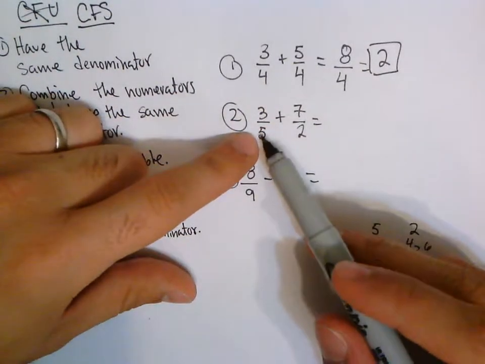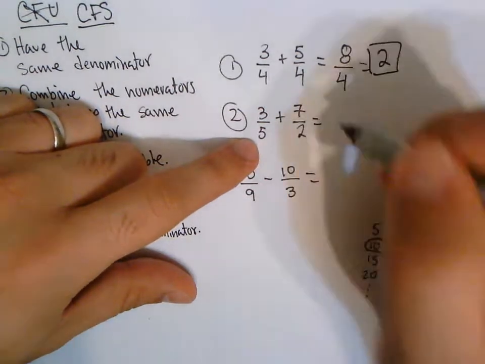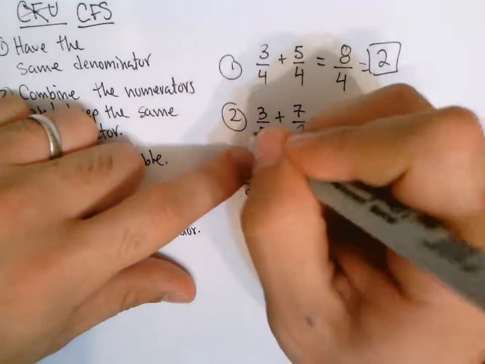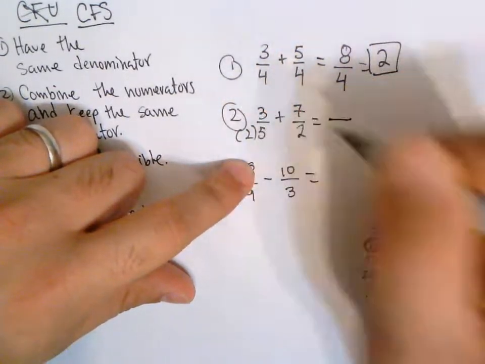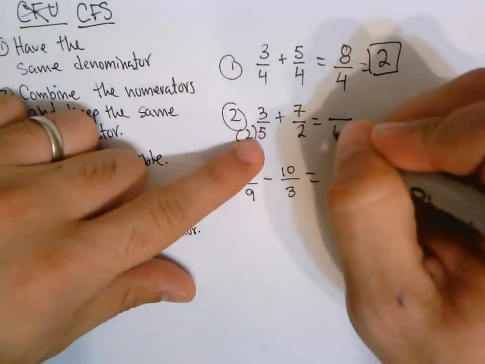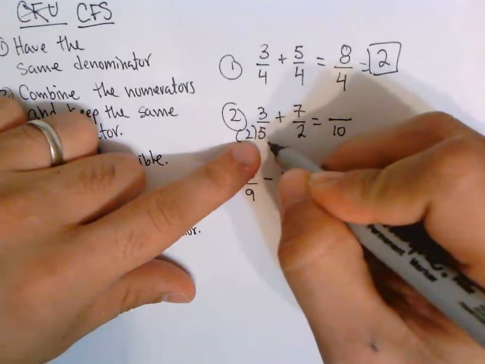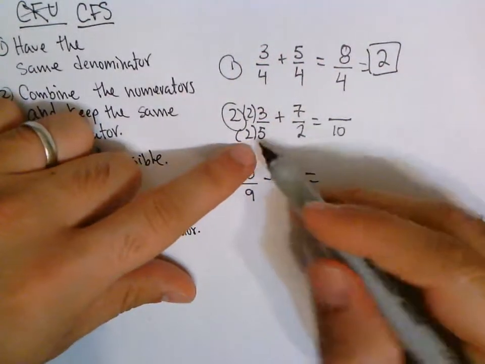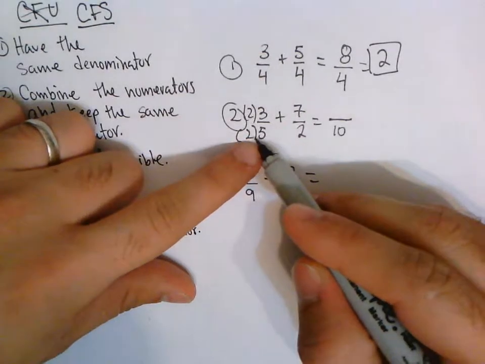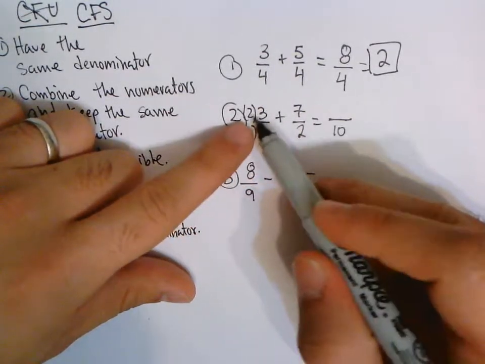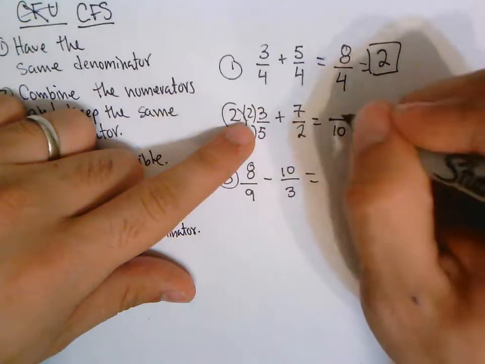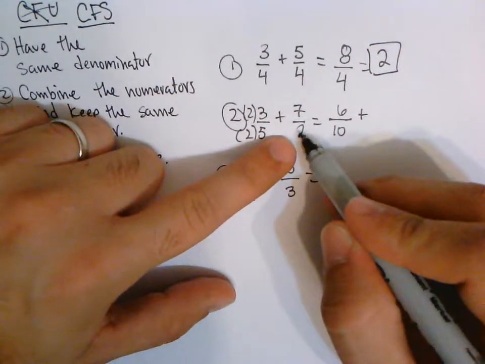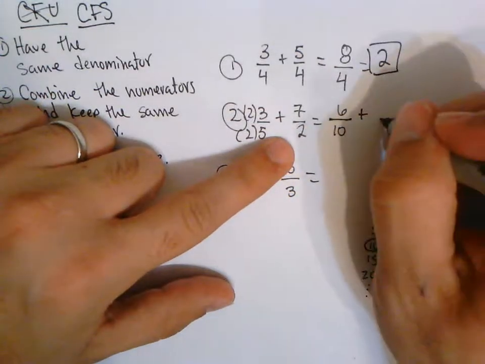And I have to think, like, how can I make this 5 a 10? Well, that means I have to multiply it by 2. 2 times 5 will be 10. And what I do to the denominator, I must do to the numerator. Well, because I multiply 2 times 5 on the bottom, I'm also going to do it to the top. 2 times 3 is 6. And now I have to think about how can I make this a 10?